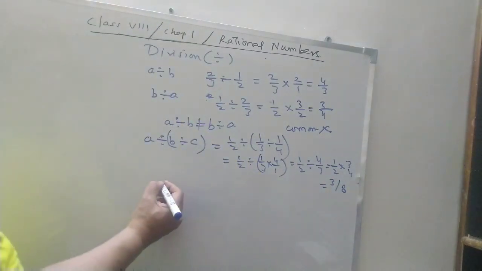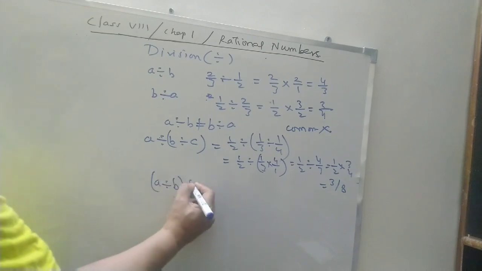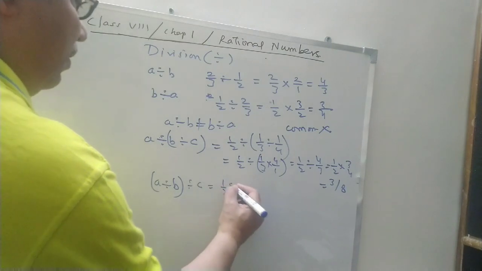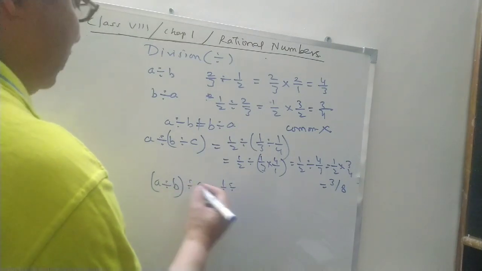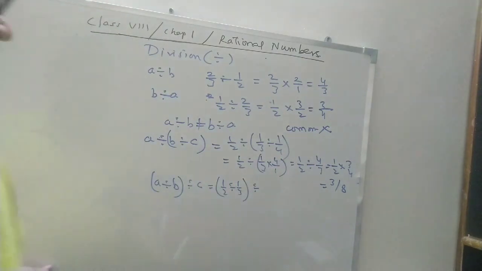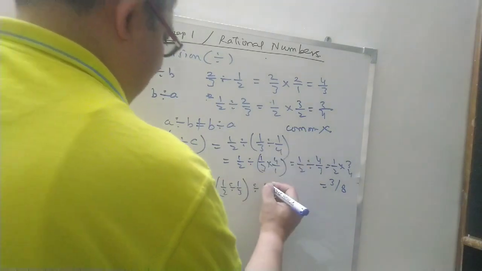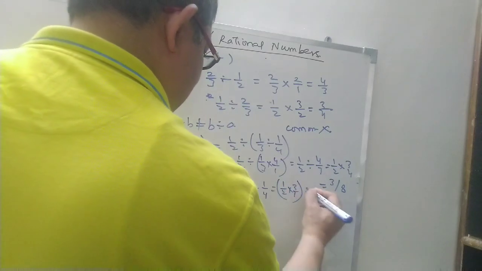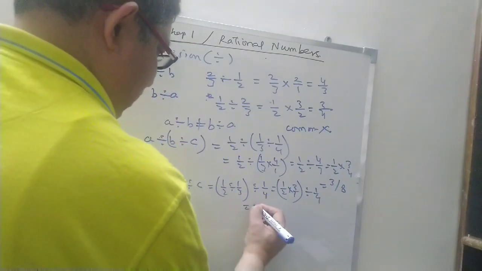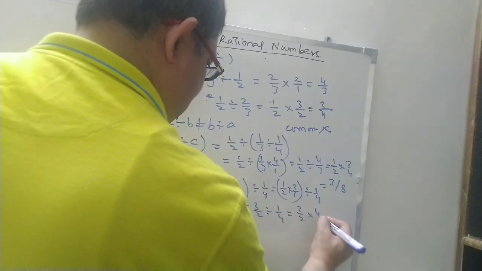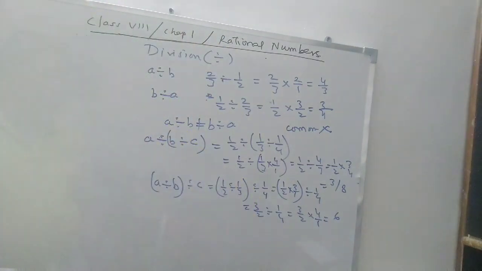Now let me try A divided by B, divided by C. A is half divided by B. B is 1 by 3 divided by C. C is 1 by 4. 1 by 2, 3 by 1 divided by 1 by 4. 3 by 2 divided by 1 by 4. 3 by 2 into 4 by 1, 3 into 4 is 12. 12 divided by 2 is 6.